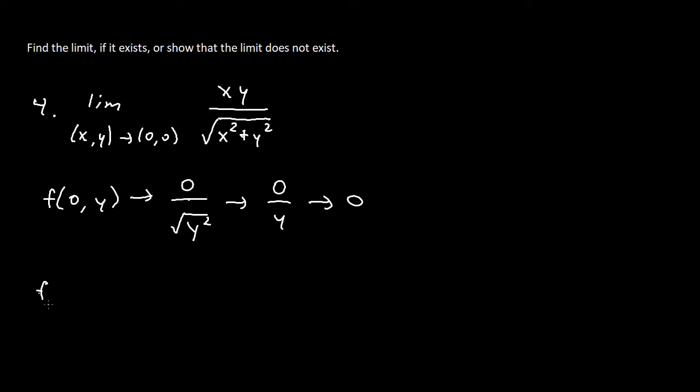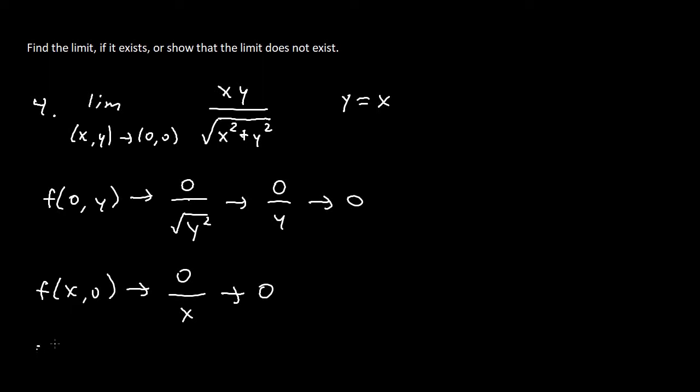Now if we plug in y equals 0 this time, so we have f of x comma 0, we'll still get 0 on the numerator, and on the denominator we'll get the square root of x squared, or x. So that would also give us a value of 0. But since the two axes have the same limit, we still need to find another equation to verify that this limit exists. So similar to the last problem, let's use y equals x.